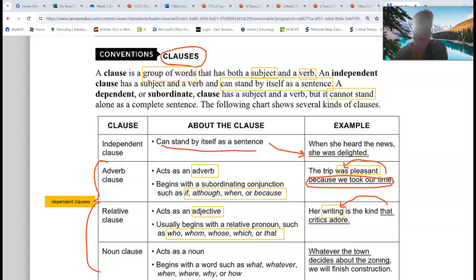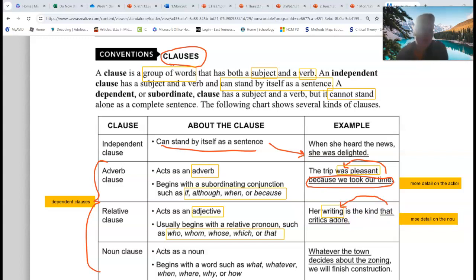So her writing is a noun. So here, adverb giving more detail on the action. Here, giving more detail on a noun. So I'm going to put this out to the side. More detail on the action. More detail on the noun.